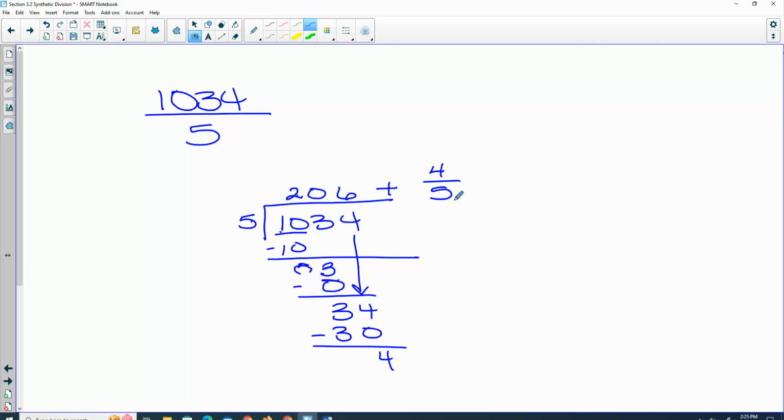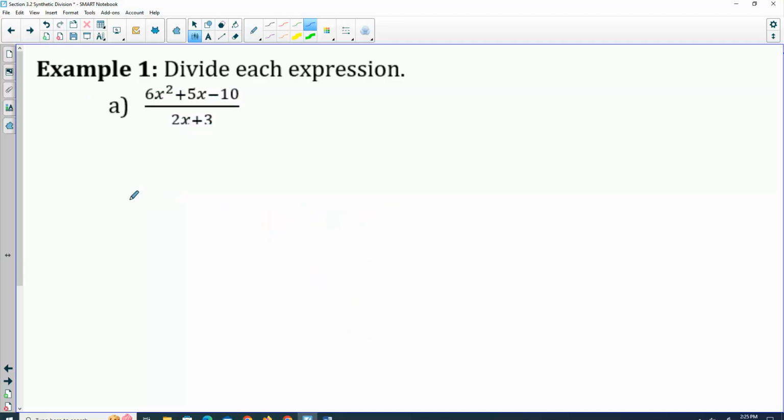So, let's do the same idea with polynomials. If I tell you to divide them, okay, my numerator, the top, is what goes on the inside. My denominator comes out here. All right, so let's think about what we did with our numbers.